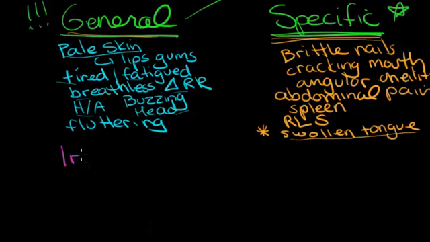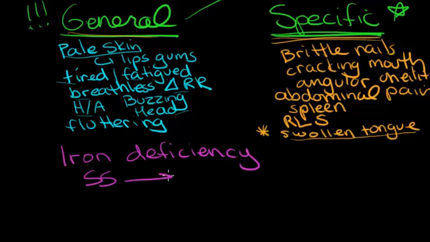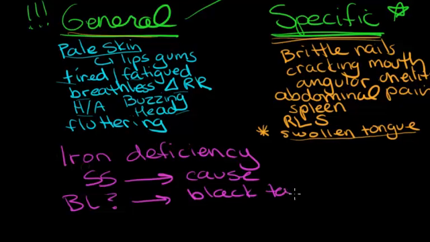Once you identify this person as having iron deficiency anemia, then you can start to look for the signs and symptoms of the cause itself. So, did this person have blood loss? You would look for the signs and symptoms of that, so it would be maybe black tarry stools, perhaps pain, vomiting that has blood in it.